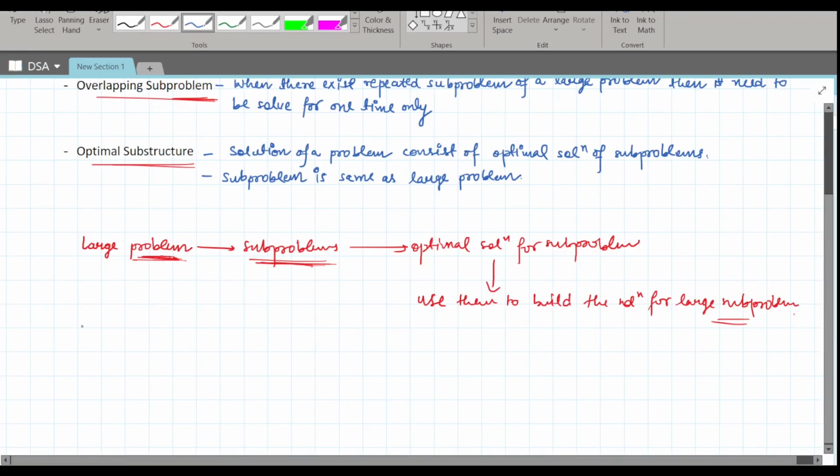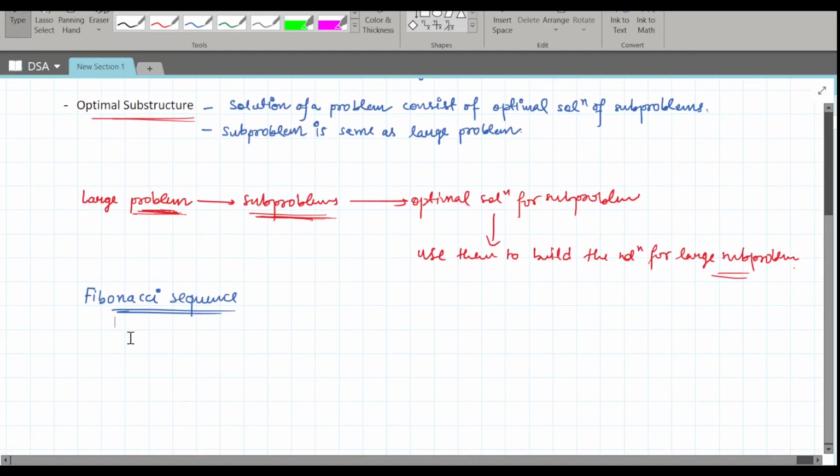First is overlapping subproblem. Let me take the example of the Fibonacci sequence. I hope you know what the Fibonacci sequence is. In the Fibonacci sequence, every number is the sum of its previous two numbers.